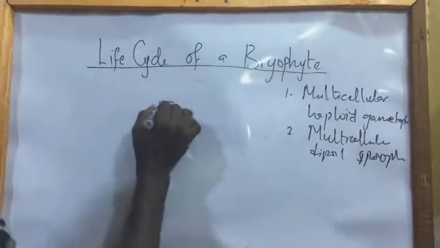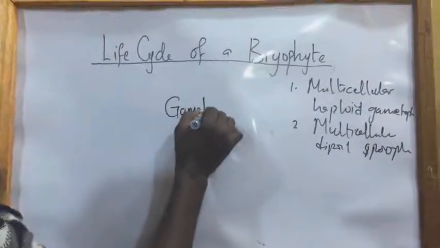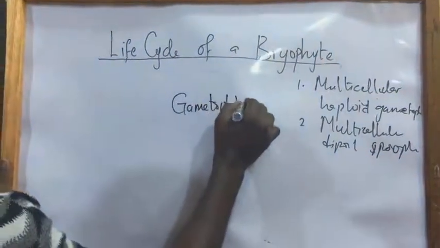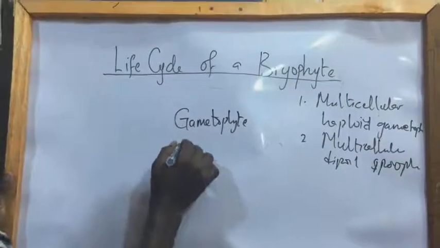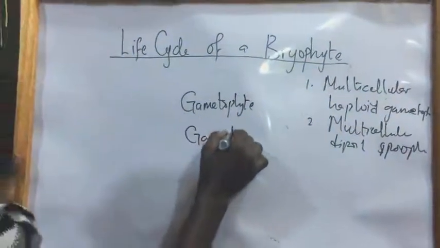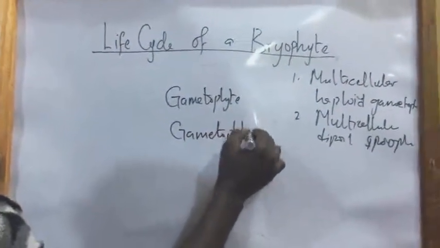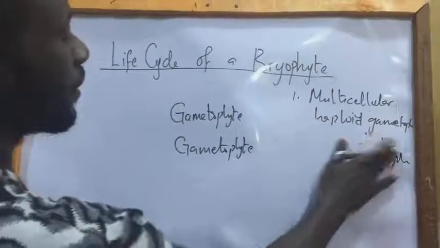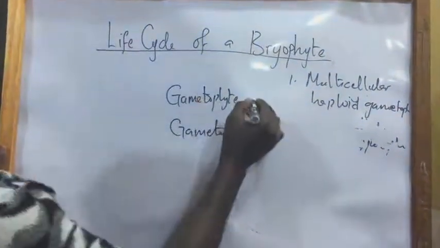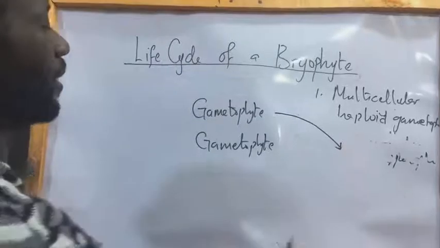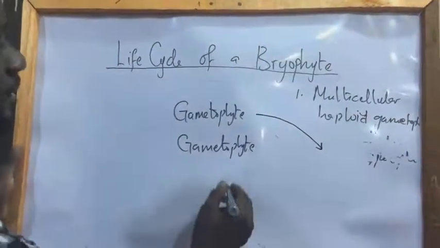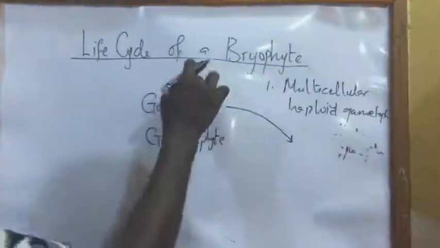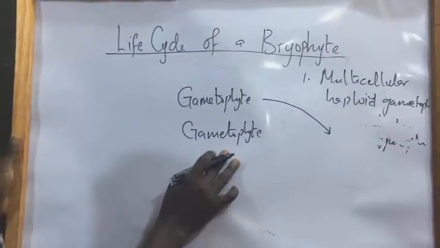The gametophytes, let's say there are two. These gametophytes, we think of the two to be male and female.